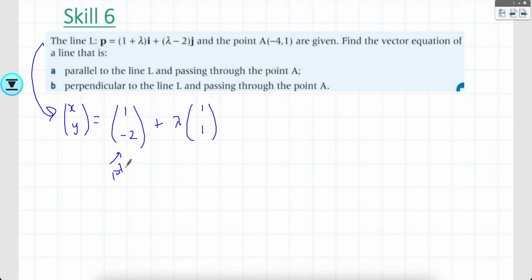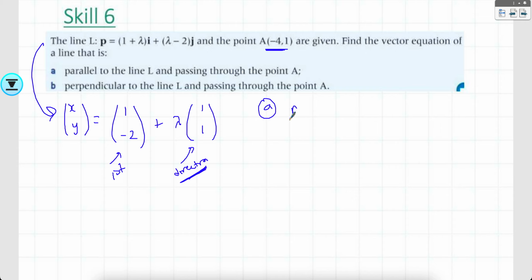This is the point that's on the line, and this is the direction vector that your line P is parallel to. So this is what it's parallel to. Now, if I want a vector equation that goes through this point and is again parallel to L, it means I'm taking into consideration the same direction vector. So for part A, it's easy.